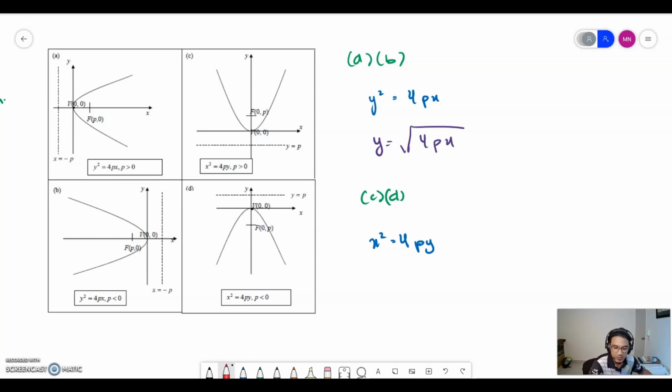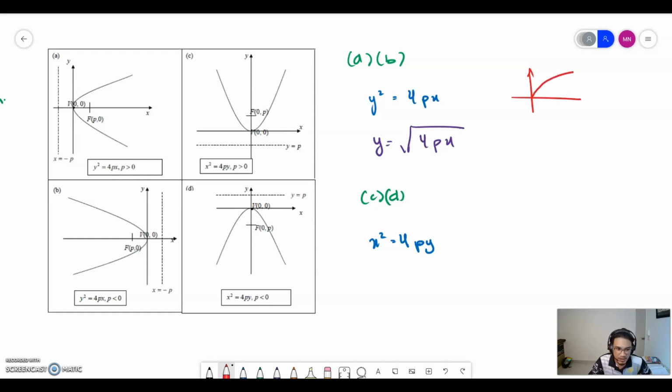Okay, so when in an equation we have x with a square root on top of it, you know this is a square root function, where a square root function will be shaped like this.